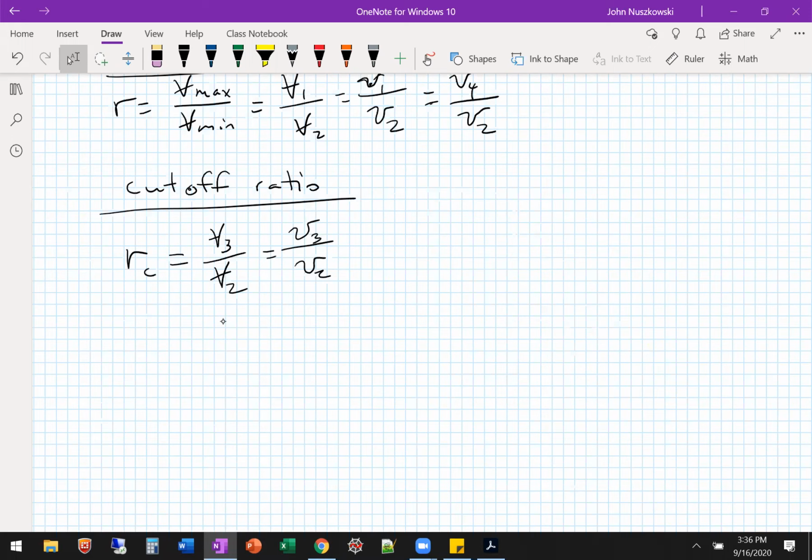Where do we go next? Any ideas? What type of fluid do we have in this cycle? An ideal gas.